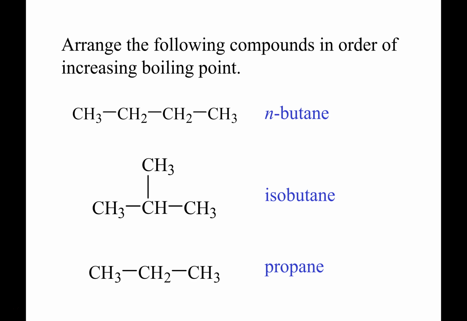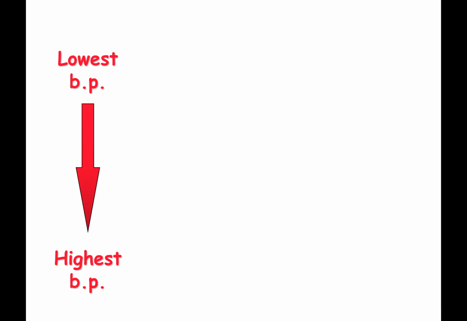Pro means three, so I've got another alkane with 3 carbons here. So this would have a lower molecular weight. These two, which one will be higher? Do we know that?